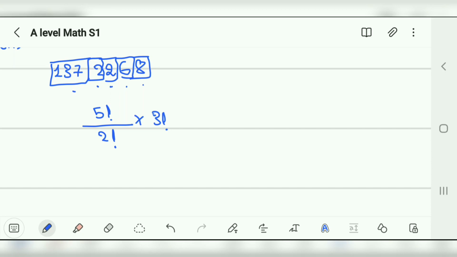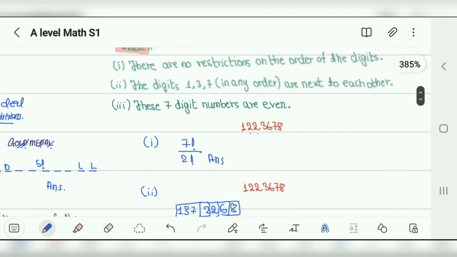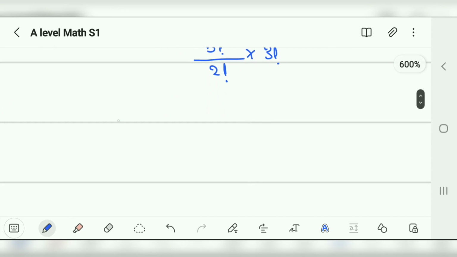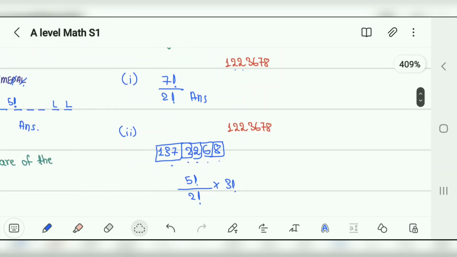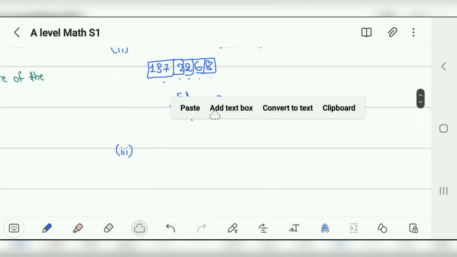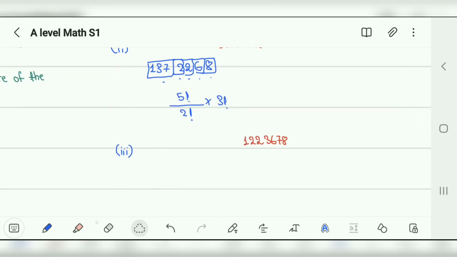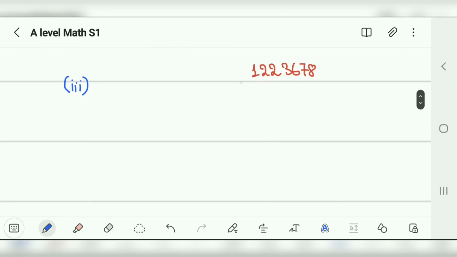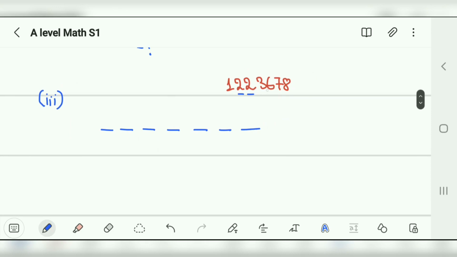And now we're going to move to part 3. These 7-digit numbers are even. Let's take this again. 1, 2, 3, 4, 5, 6, 7. So what are even numbers? This is even, this is even, this is even.